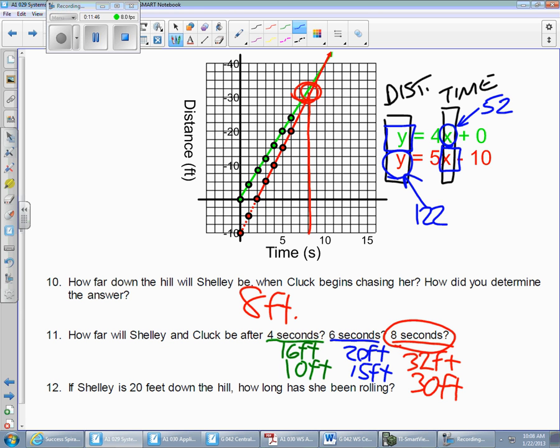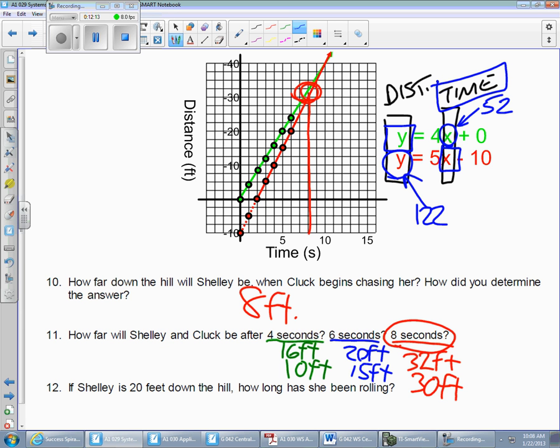Well, you just plug in the piece of information that you do know where it goes, and that will tell you the other piece of information. So if you are comfortable with recognizing a number that they give you, like 4 seconds or 6 seconds or 8 seconds, you can simply plug it in for time, and that will tell you what distance is going to do. Okay? So that's another way to go about it.